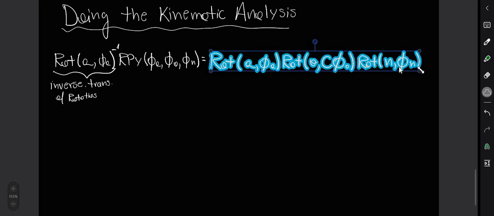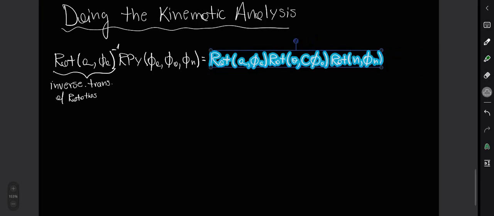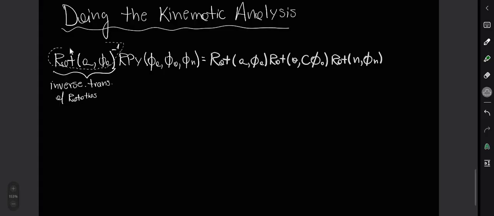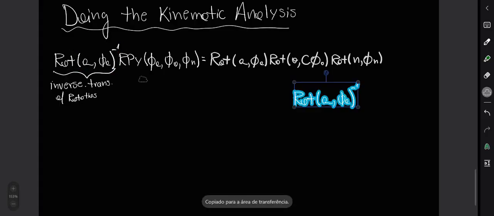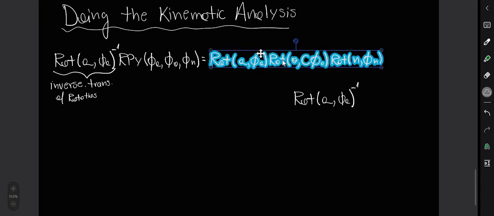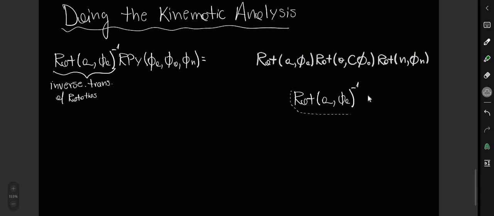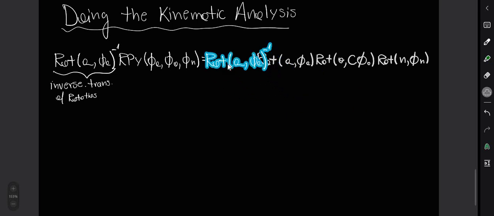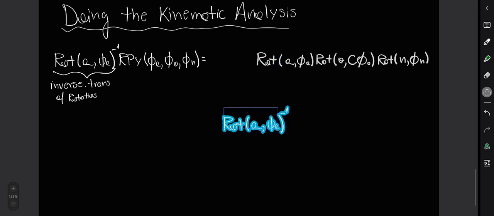Ah, too big. Let me just copy this. And perfect. Let me make this smaller.